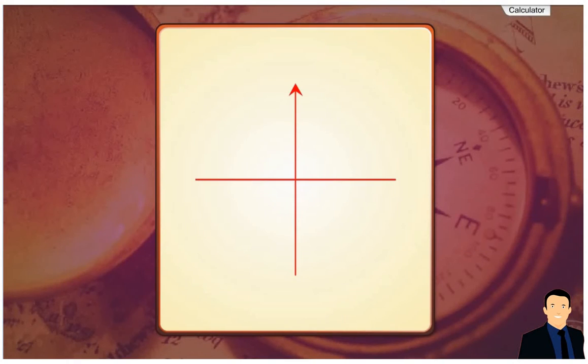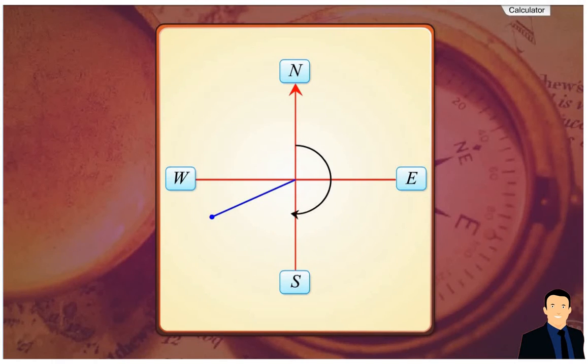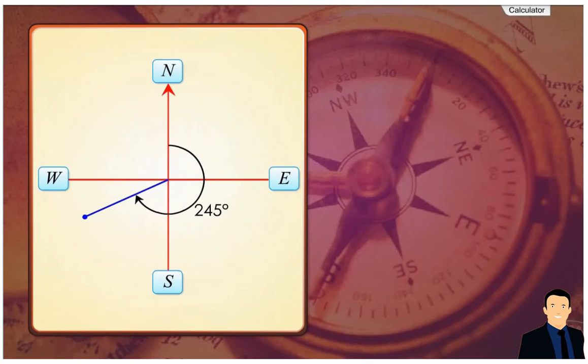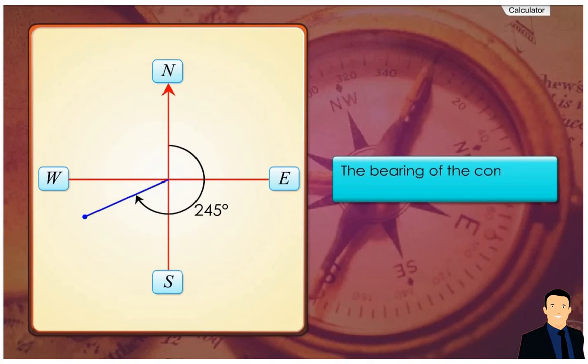Second example. State the bearing of the compass direction. Here, the angle from the north to the compass direction is 245 degrees. Thus, the bearing of the compass direction is 245 degrees.